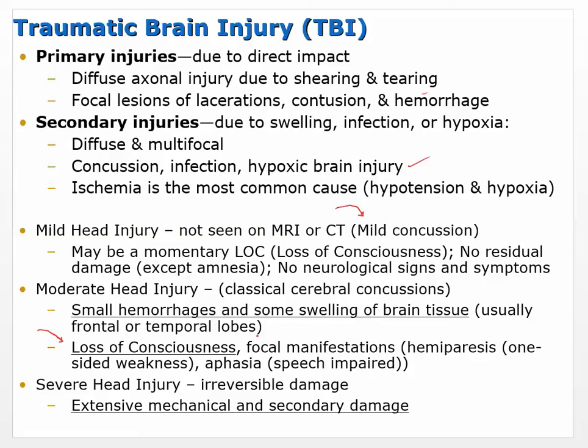A severe head injury is much more serious, obviously, and that's going to lead to irreversible damage. We may have reversible damage with a moderate injury. Irreversible damage happens with a severe head injury, usually from extensive mechanical and secondary damage.